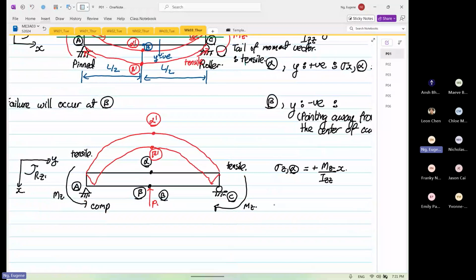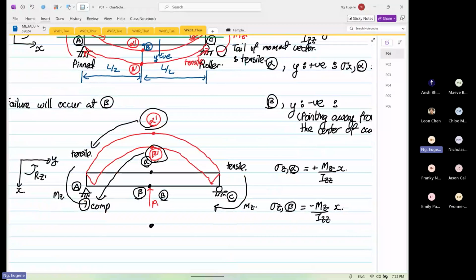And if you look at stress Z at point beta now, it is in compression because of the head of the moment vector. So alpha and beta are in compression, whereas alpha prime is in tensile, and beta prime is in compression. So you know that it is equal to minus Mz over Izz multiplied by x. So this is by visualization. If you want to use the formula, you can do the same.